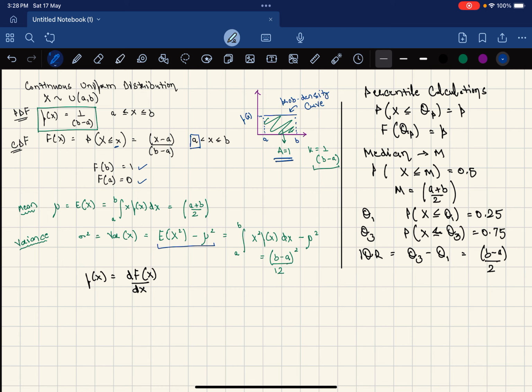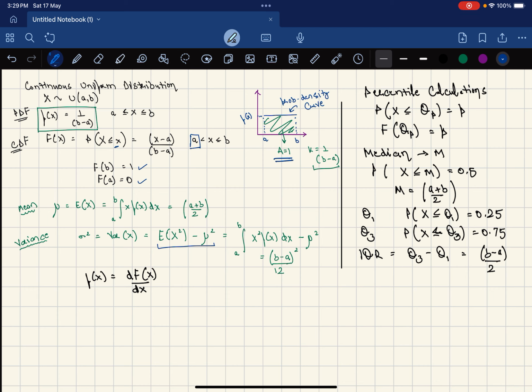Next, we looked at how we can get the mean and variance for uniform distribution. So we used an analogy from our discrete distribution case, where we had the mean computed as the summation of the values of x with their corresponding probabilities, or corresponding probability mass function values.